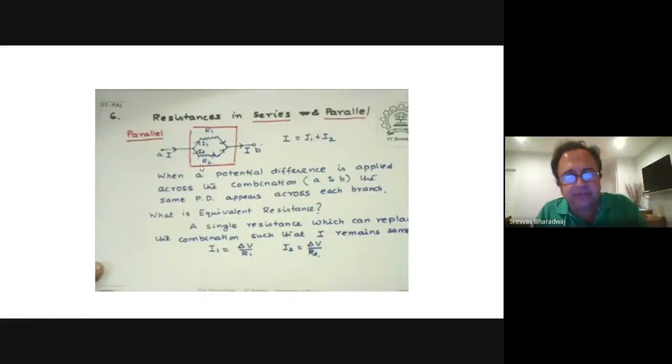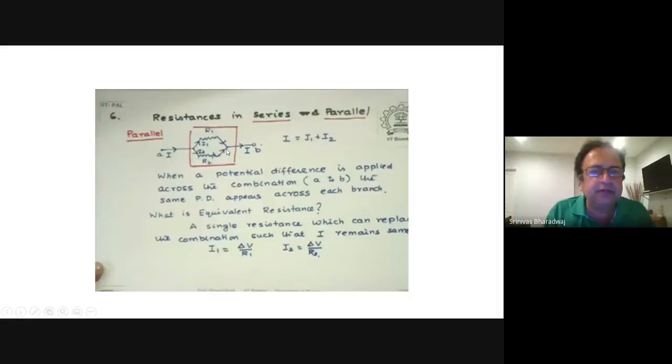When you have a junction like this, right, the entering I will equal the leaving I. In any junction, that is Kirchhoff's other law. Okay, I equals I1 plus I2. Across these two resistances, the potential difference between any 2 points is the same.